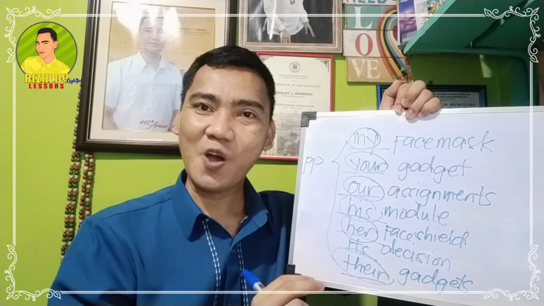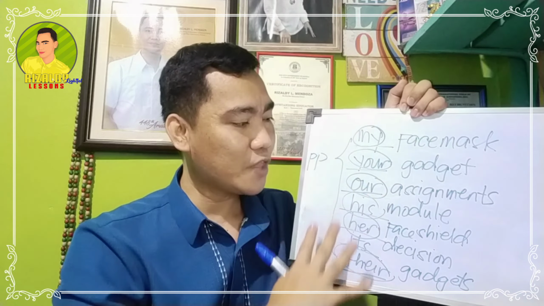Alright, so I hope you understood about these possessive pronouns that you need to understand for this video. Other possessive pronouns that you need to understand also: we have the words theirs, mine, ours, yours, his, and hers.